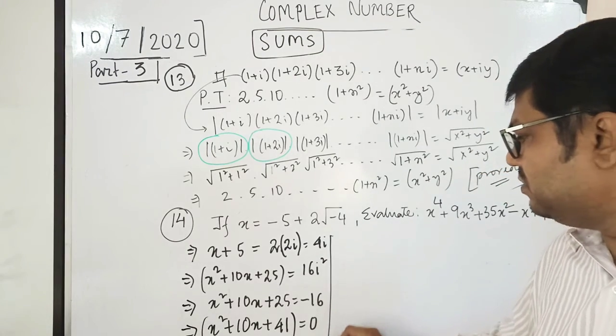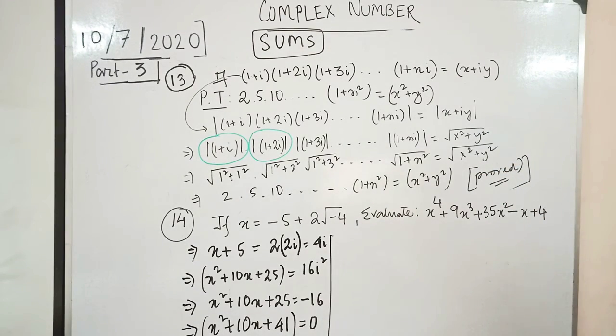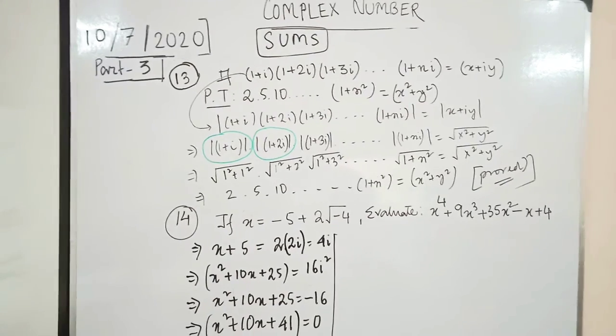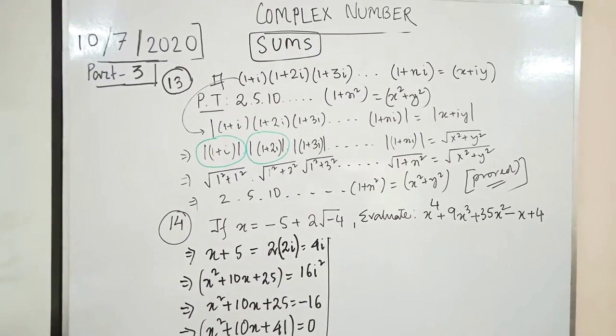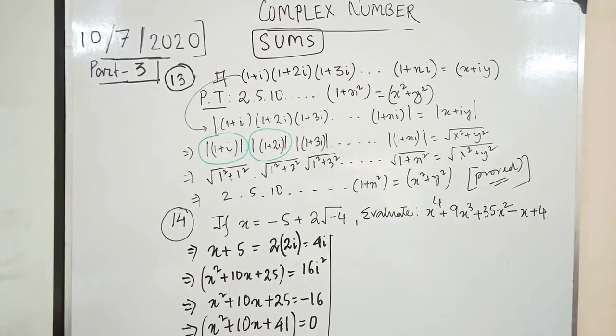So I will use this x square plus 10x plus 41 in the expression again and again, because that is 0, so I can use it. I'll try to use that over there.